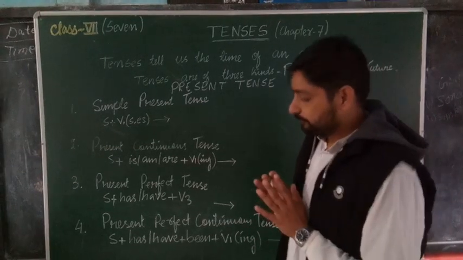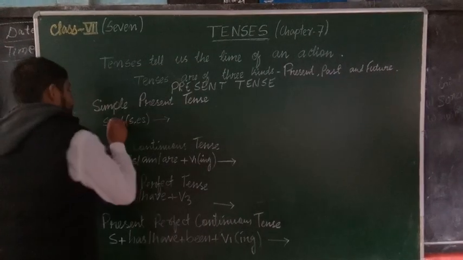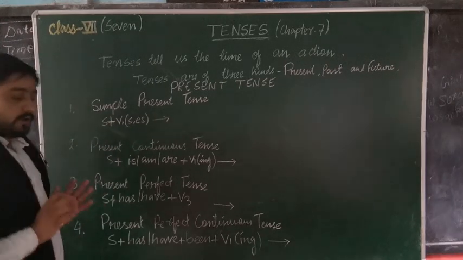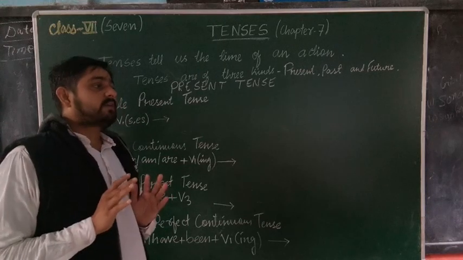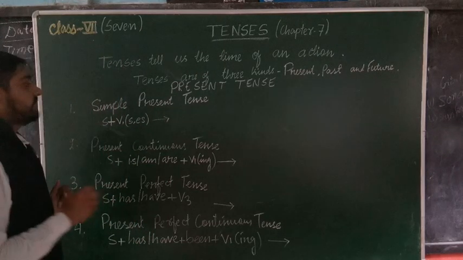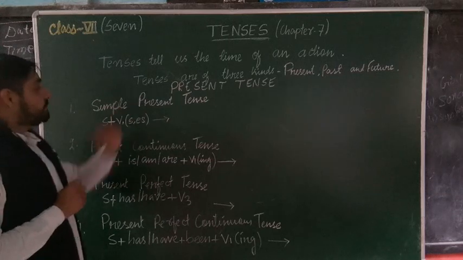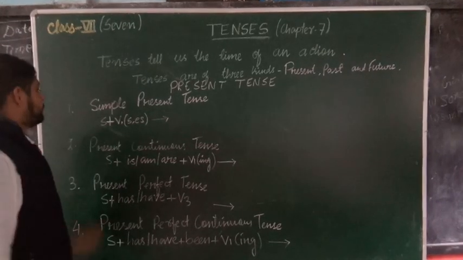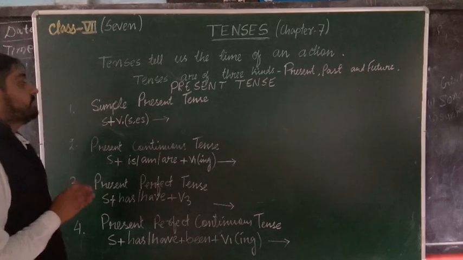When you find this type of structure in any sentence, without any doubt you can say that the sentence is in simple present tense. What will be there in simple present tense?